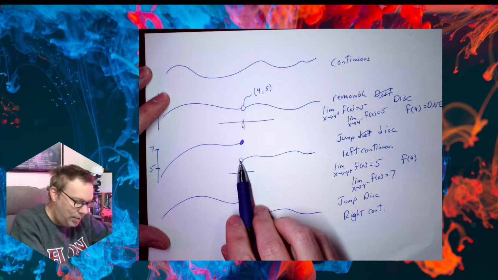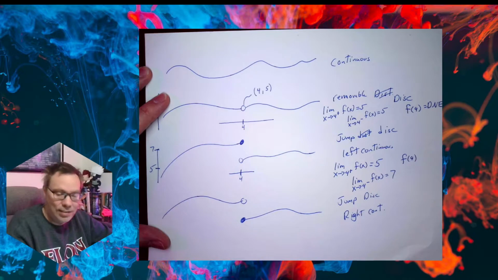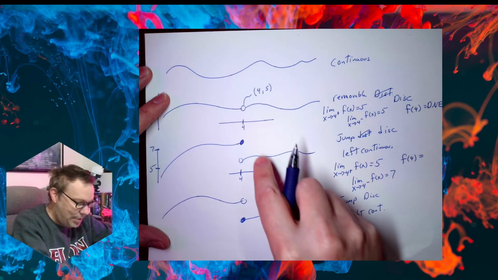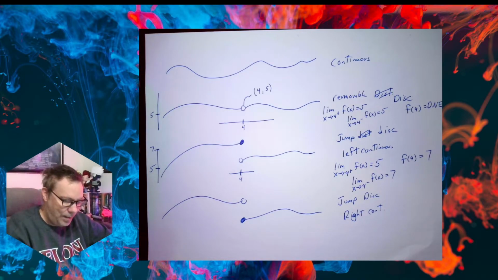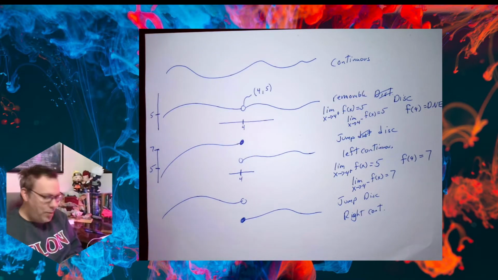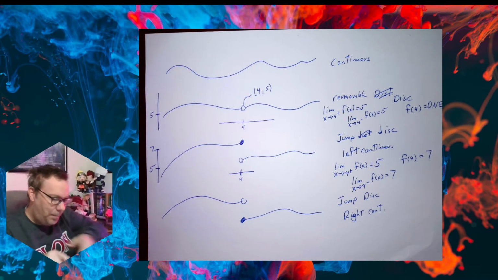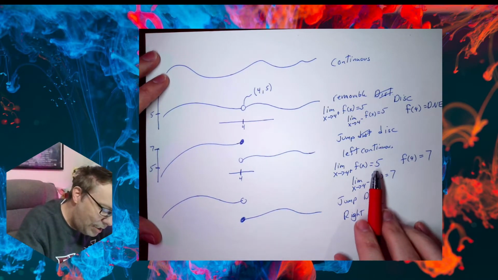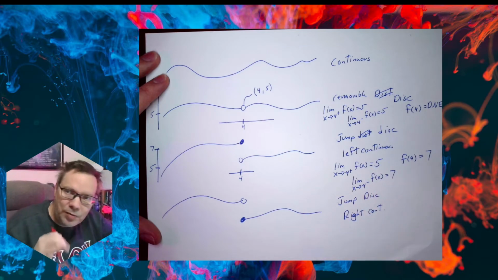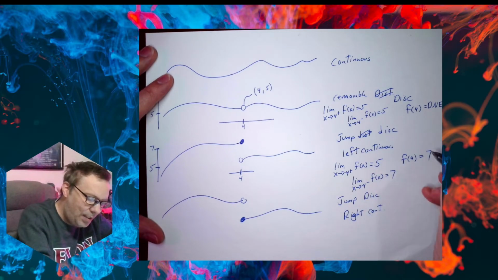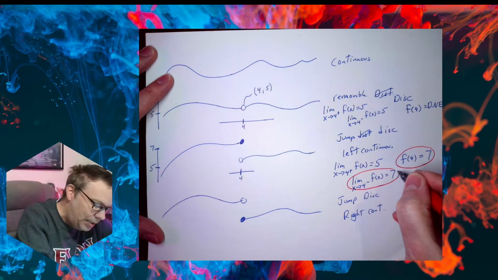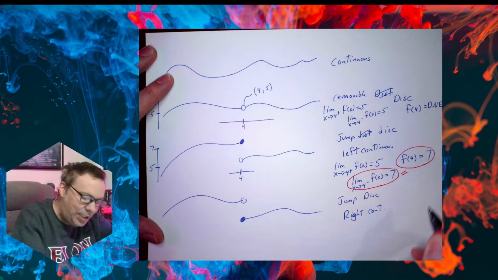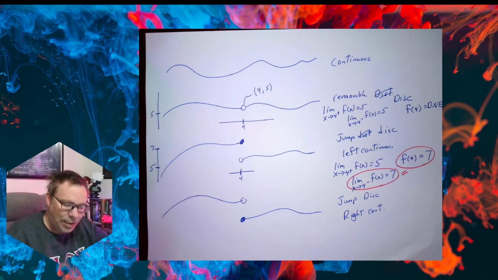Is it at a height of 5, a height of 7, or does it not exist? In this case, I see the filled-in dot at a height of 7. Now, what I want you to notice very carefully is that I have 3 numbers here, and 2 of them happen to be the same. The functional value and the left-hand limit are equal to each other, and that's the reason why it's called left continuous.